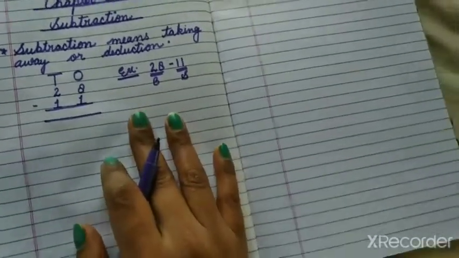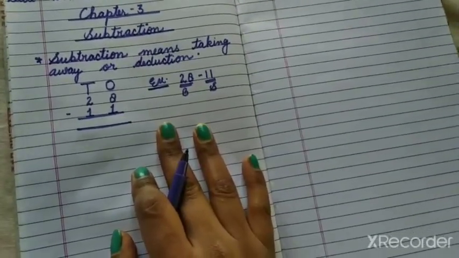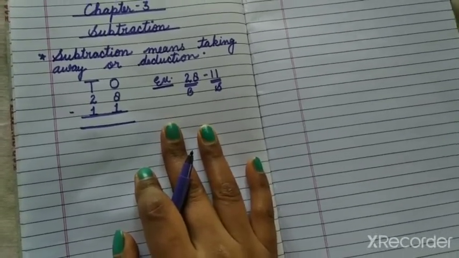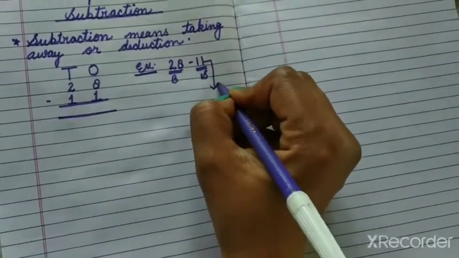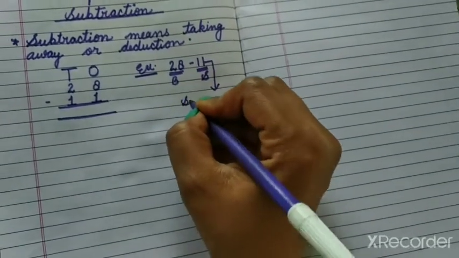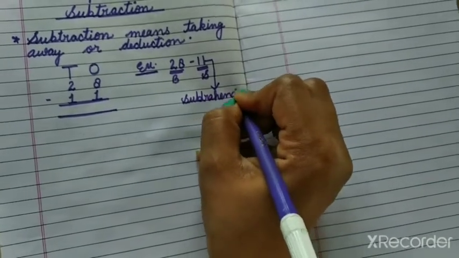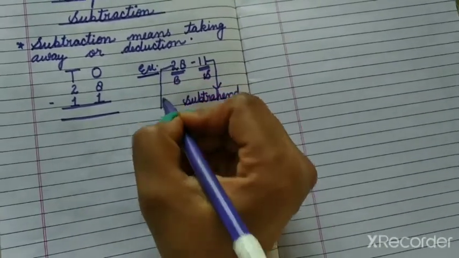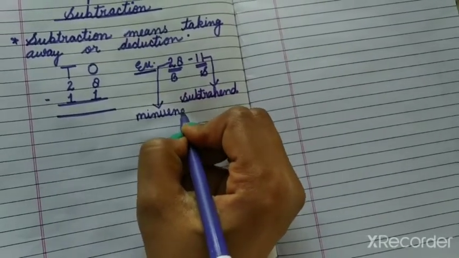Okay, children. One more important point is there. The smaller number is called a subtrahend and the bigger number is called a minuend. This is a smaller number. It is called a subtrahend. Okay, and bigger number, it is called minuend.